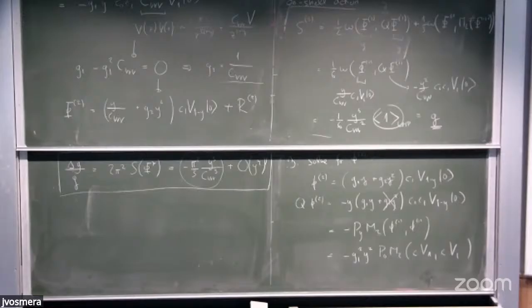Another example which we are currently exploring with multiple collaborators, including Daniel and Thibault, arises in the case of Narain CFTs. In the case of Narain CFTs, you have a whole marginal manifold where you can parameterize your states by the Narain moduli, basically.